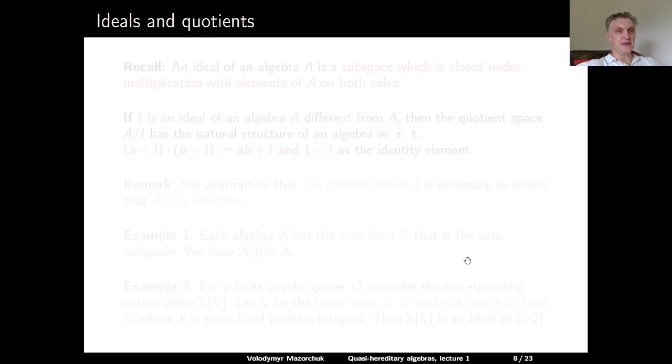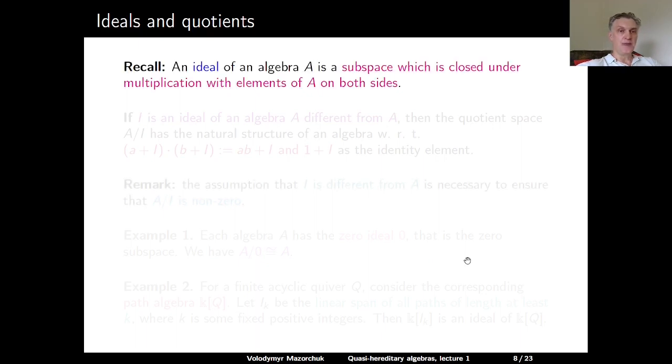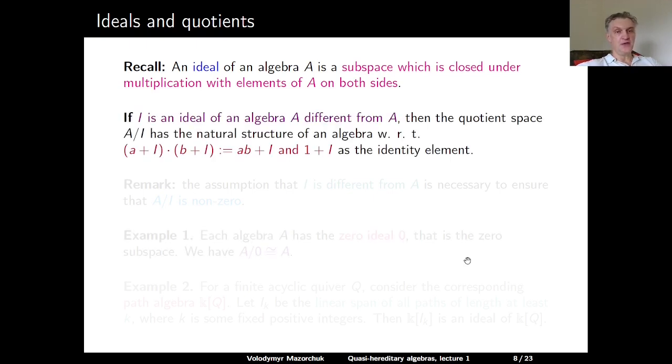Now let us talk about ideals and quotients. Recall that an ideal of an algebra A is a subspace which is closed under multiplication with elements in A on both sides. If I is an ideal of an algebra A which is different from the algebra A, then the quotient space A modulo I has the natural structure of an algebra with respect to the following datum. So we take the class A plus I and define its product with the class B plus I as the class AB plus I. So this defines multiplication on the quotient space.